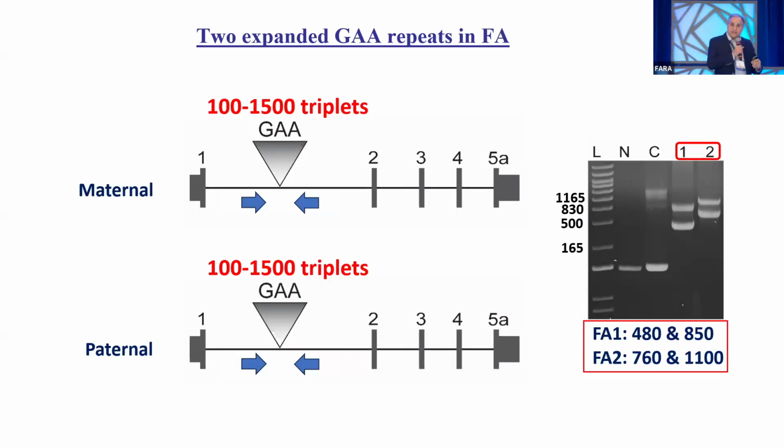If you look at the last 2 lanes, 1 and 2, those are 2 different people who have FA. And in each of those lanes, you can see 2 bands.